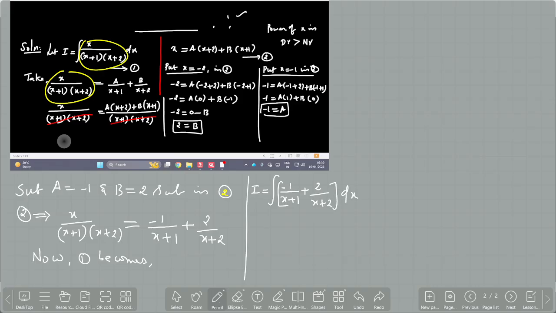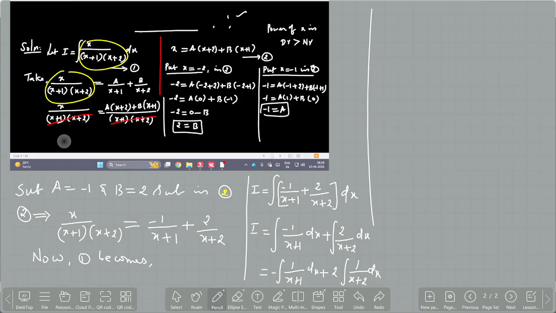Students, any doubts? Now separate the integral. I equal to integral minus 1 by x plus 1 into dx plus integral 2 by x plus 2 into dx. Any doubts? Now that is equal to minus, taken outside the integral, 1 by x plus 1 into dx plus 2, taken outside the integral, 1 by x plus 2 into dx.